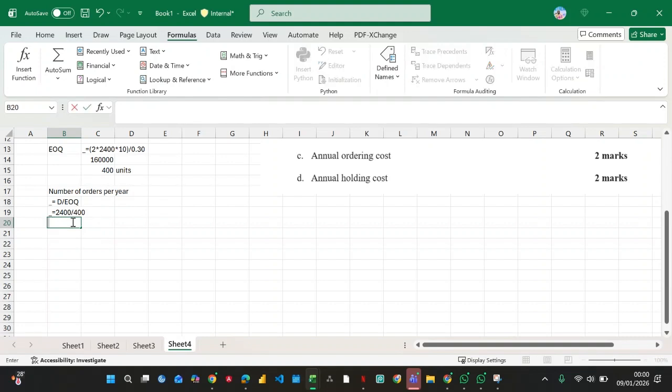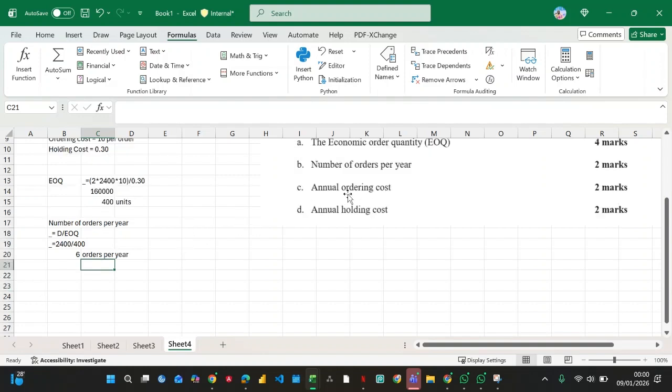All we need to do now is to divide, and then we have 6. Do you understand? So we have 6 orders per year. That is the answer for that one.